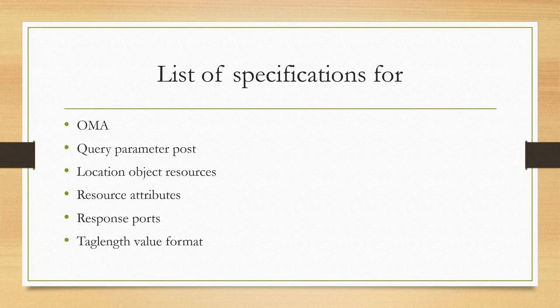TLV format: the first two bytes are used to identify the parameter and the fourth byte indicates length of the actual data which follows directly after these bytes.